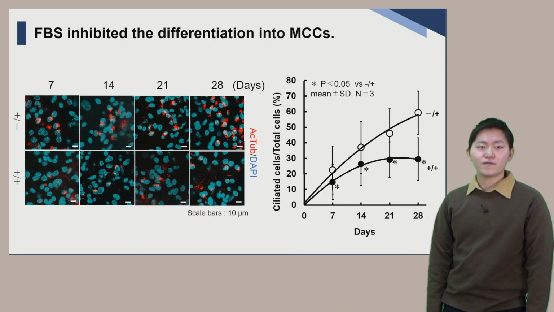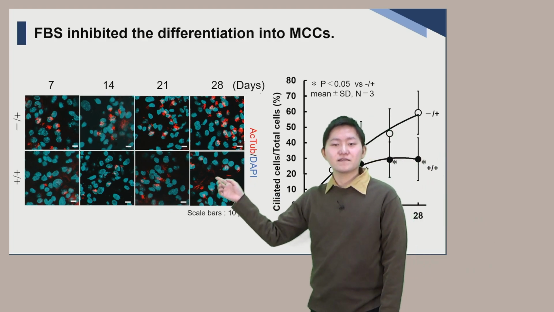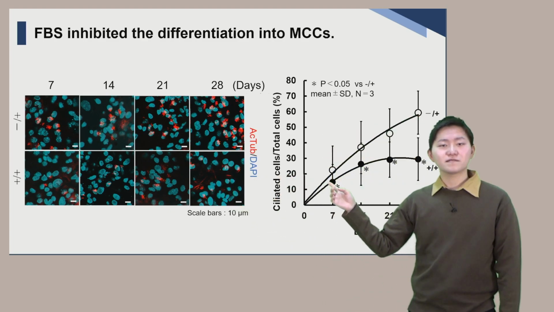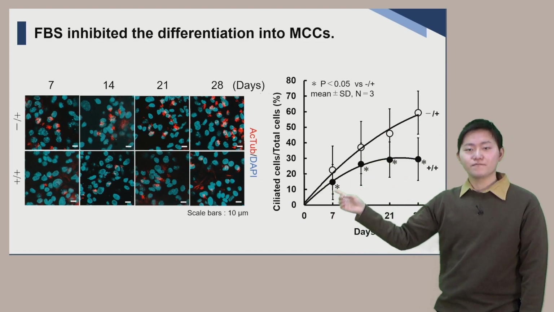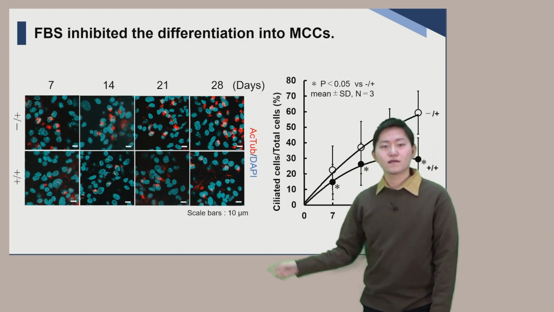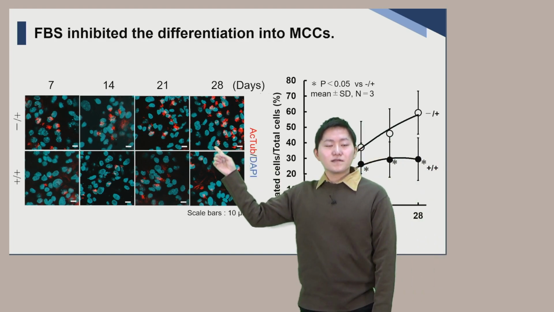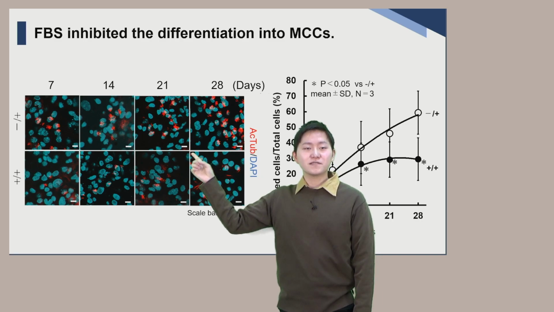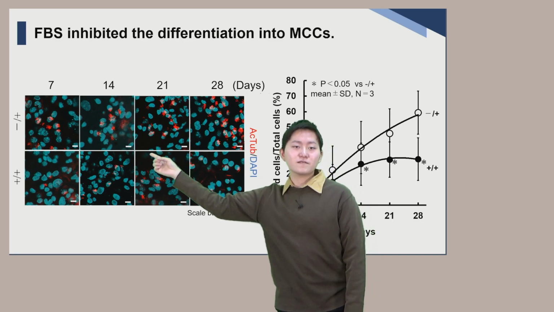Next is the result part. This figure shows the immunofluorescence images, and this one is the percentage of ciliated cells in the minus plus and the plus plus conditions. In the minus plus conditions, the percentage of ciliated cells increased with culture days.